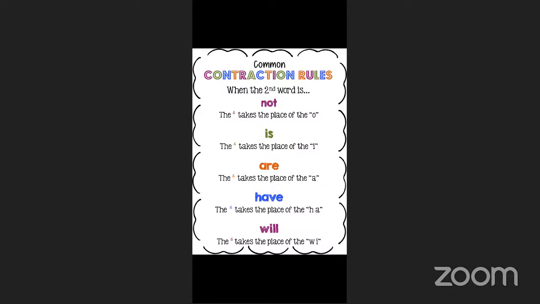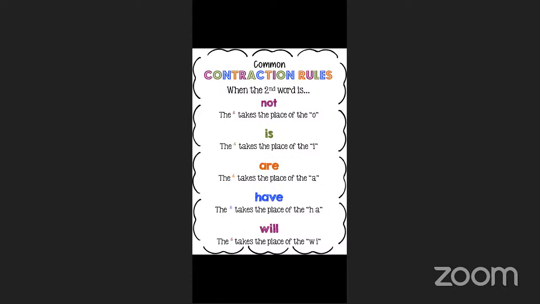Then is. The apostrophe takes the place of the I. When we say there is, the shortened form is there's. The apostrophe is used in place of the I.